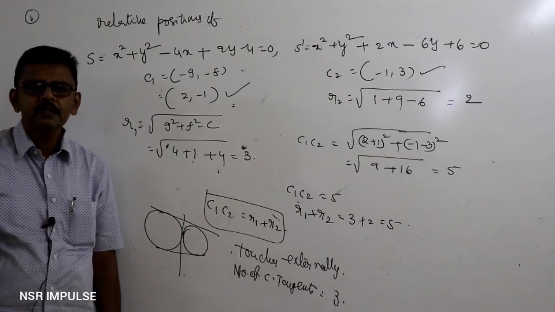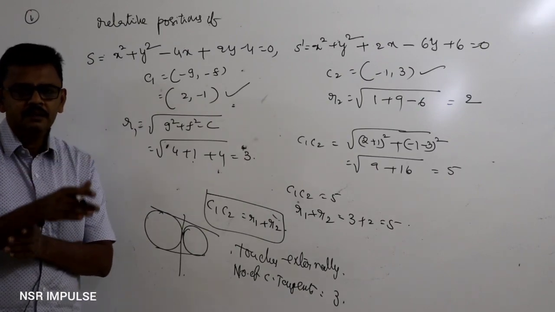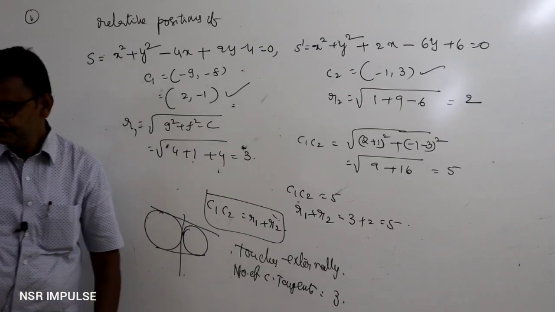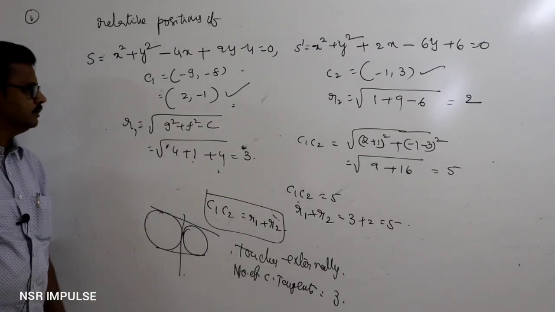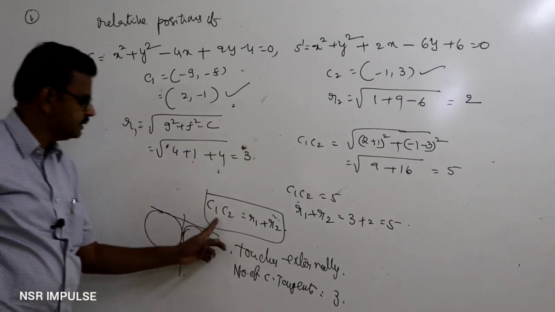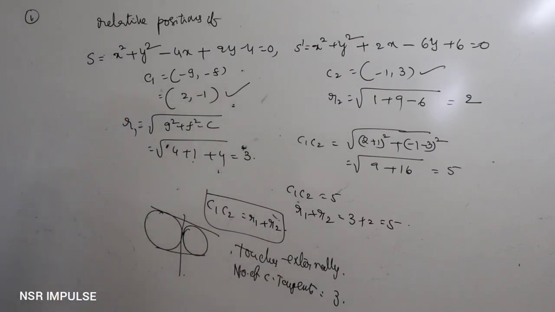C1C2 less than mod of R1 minus R2, one circle lies completely inside the other circle, so number of common tangents 0. So in this case, C1C2 equal to R1 plus R2, touches externally, number of common tangents 3.